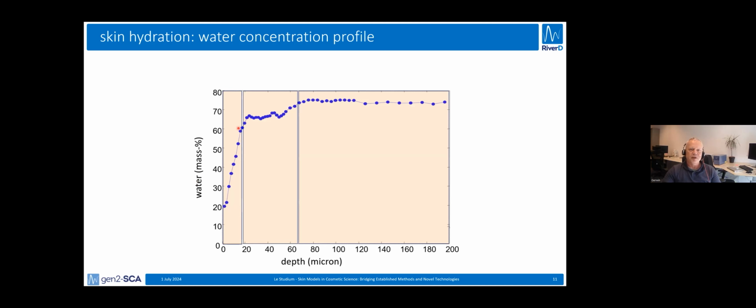And at about 65% is where you move from the stratum corneum into the living epidermis. And then if you go deeper, you see another slight increase where you move from the living epidermis into the dermis. So this is a very nice illustration of the barrier function of the skin.